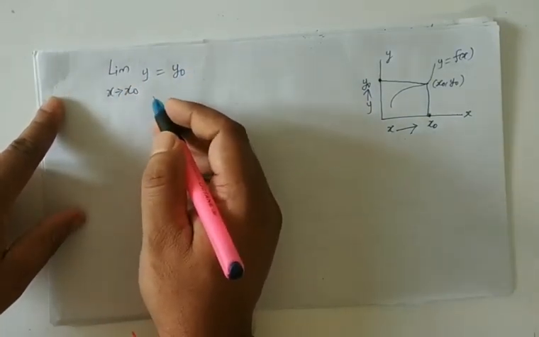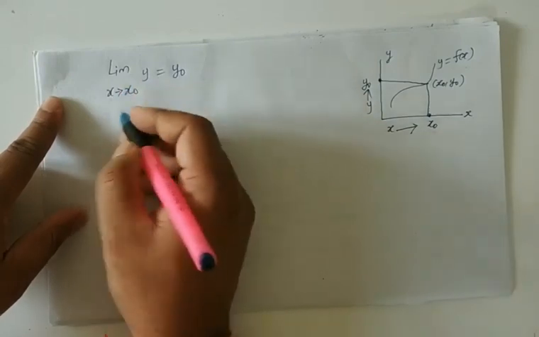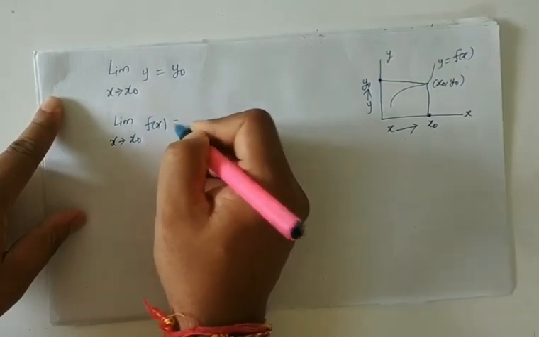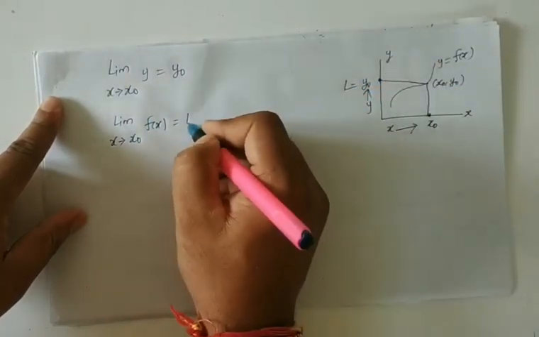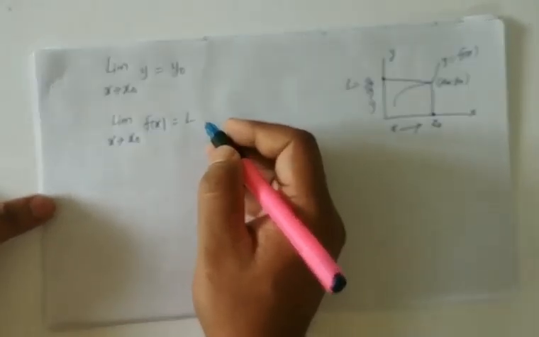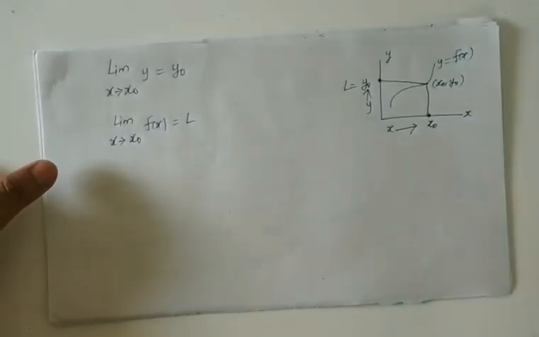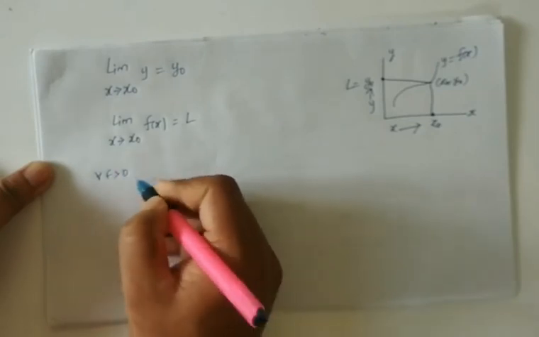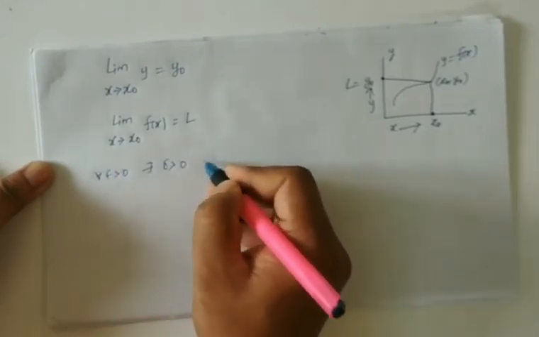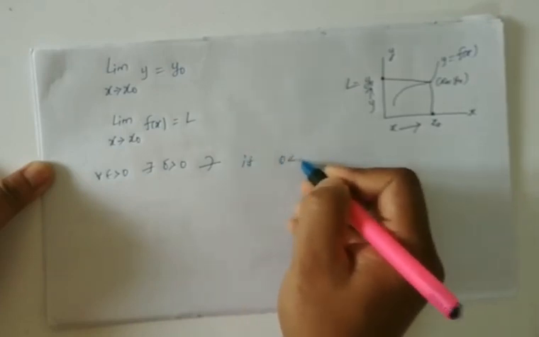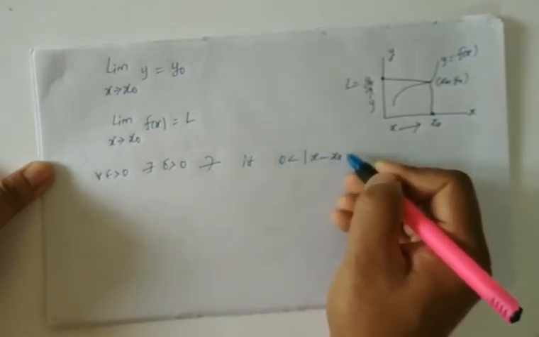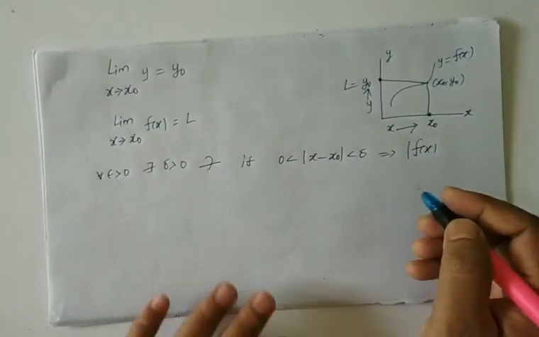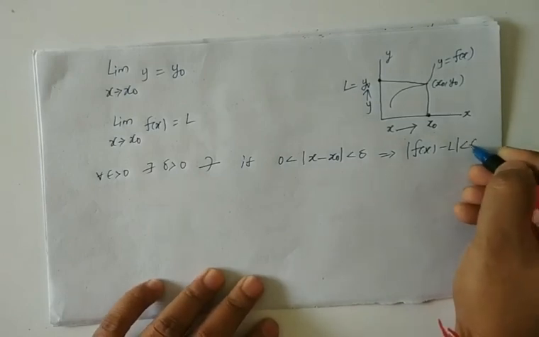Mathematically, the limit as x tends to x0 of f of x, where y0 is nothing but L. The limit as x tends to x naught of f of x is equal to L, which means that for all epsilon greater than 0 there exists delta greater than 0 such that if 0 less than modulus of x minus x naught less than delta, then modulus of f of x minus L less than epsilon.